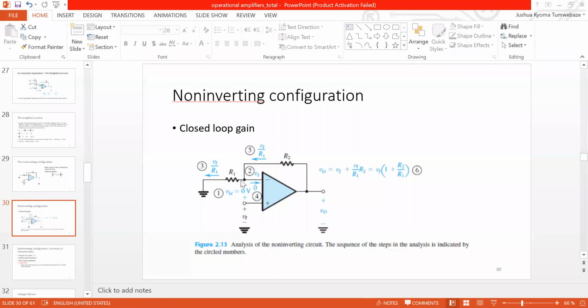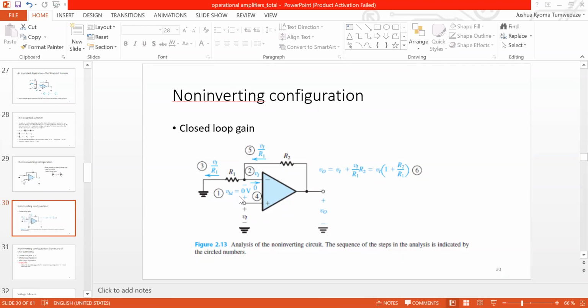They are not in parallel at all, okay? Remember, what are the conditions for parallel connection? One, the two ends of the elements, if they're resistors, the two ends of the resistors must be connected at the same points. That is the first condition, which is not met here. The other is that current must divide.